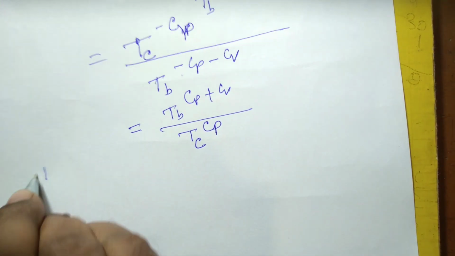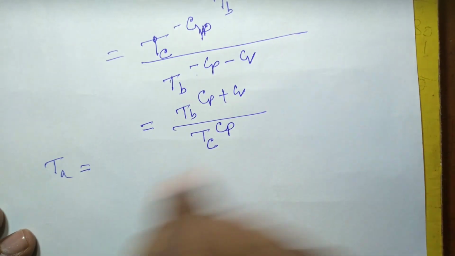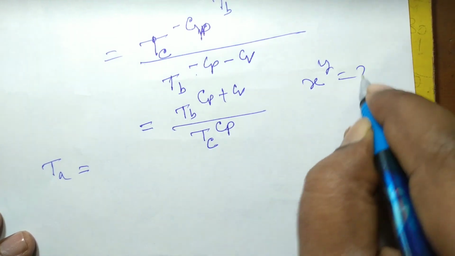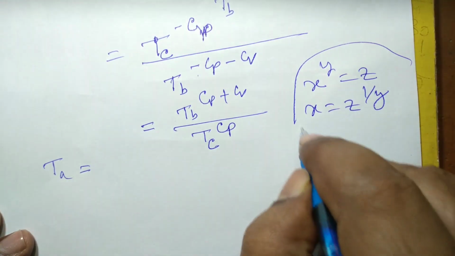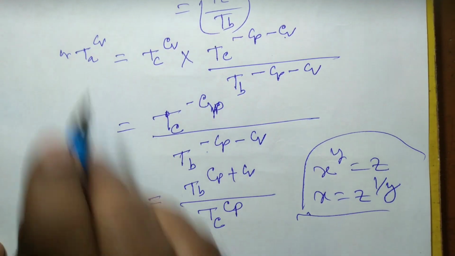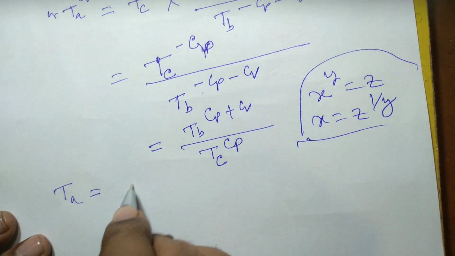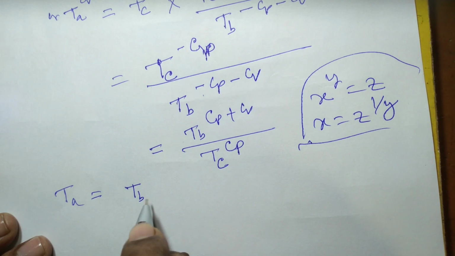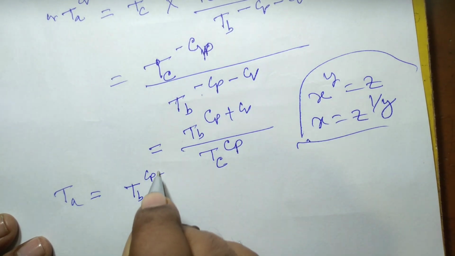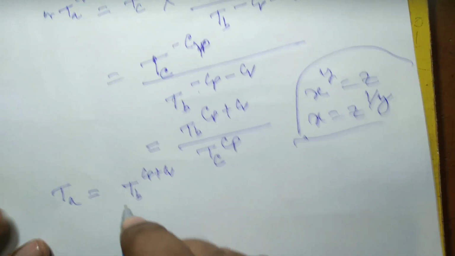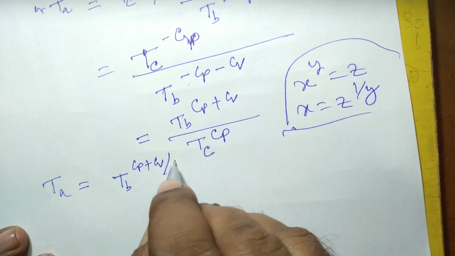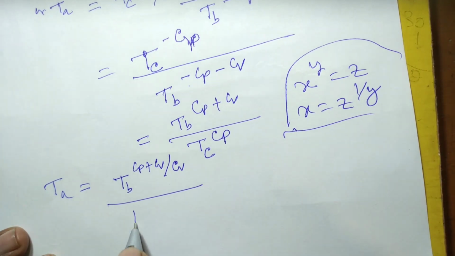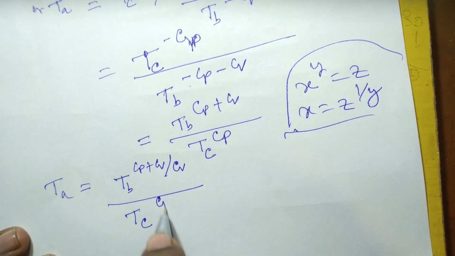So now Ta can be expressed as: if x to the power y equals z, then x is equal to z to the power 1 by y. By using this, Ta to the power Cb is this much, so Ta will be Tb to the power Cp plus Cb, whole to the power 1 by Cb, and Tc to the power Cp by Cb.